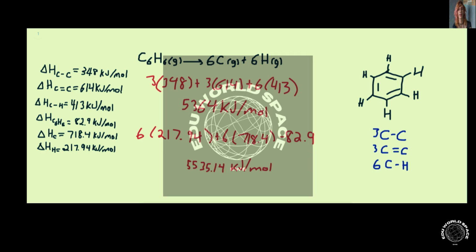And this has to do with the fact that when we're calculating with bond enthalpies, we're not taking into account the degree at which each carbon and hydrogen are impacting our delta H value. We're just looking at the bond enthalpy of the C-C and C-H bonds in our benzene.